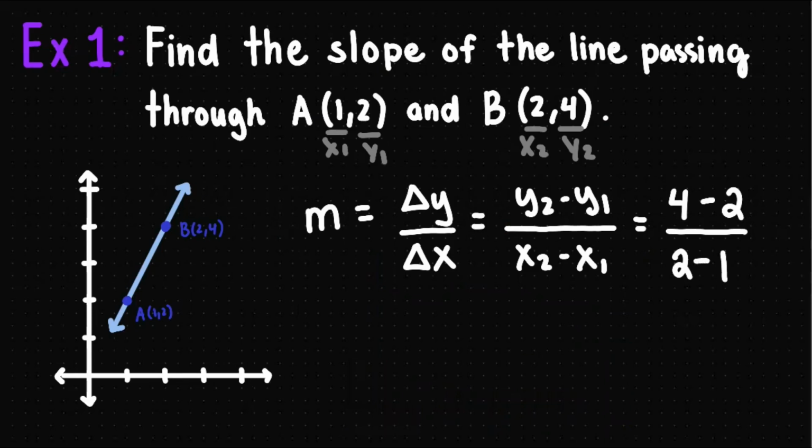So this simplifies to 4 minus 2 is 2, and 2 minus 1 is 1. So our answer for this is 2. So the slope of this line is 2.